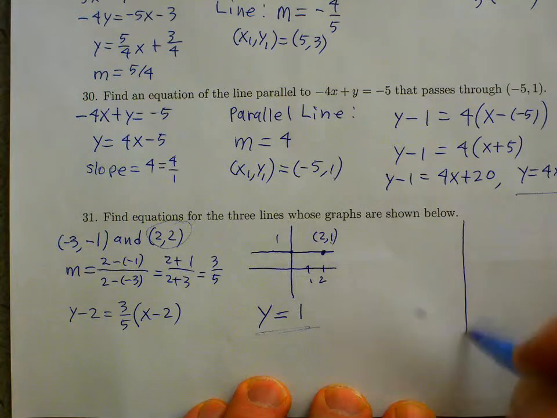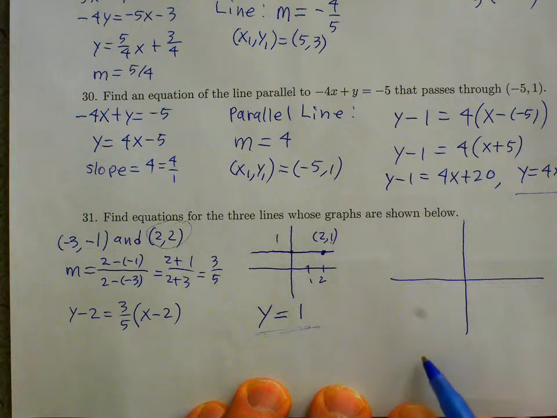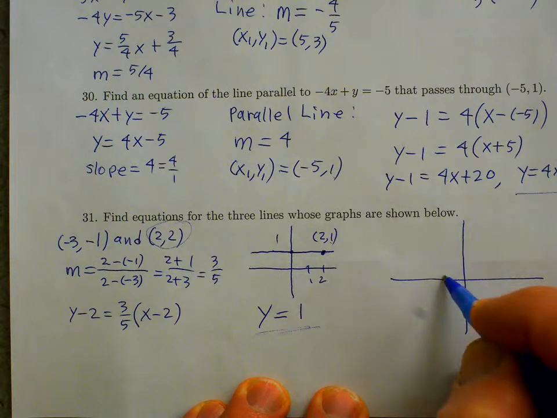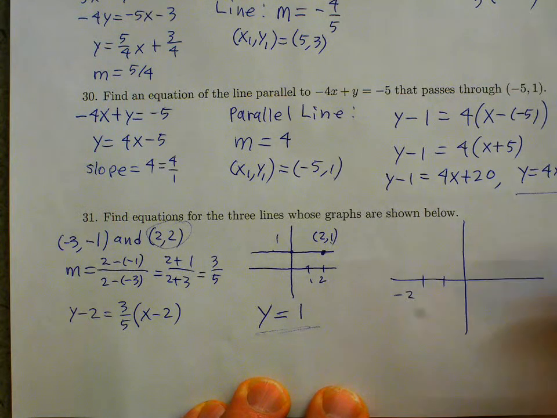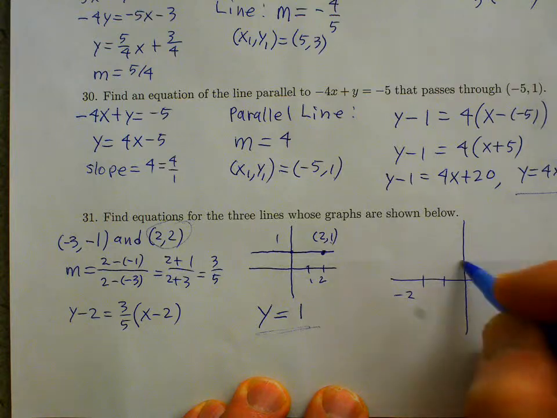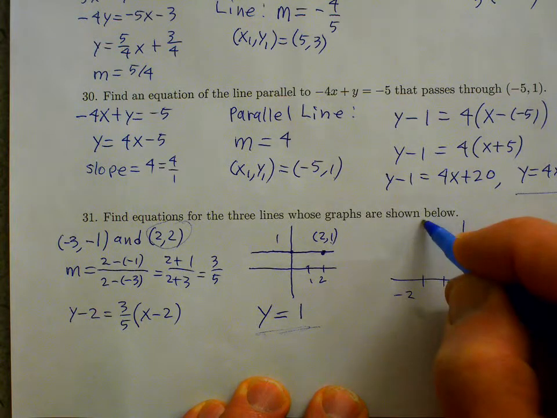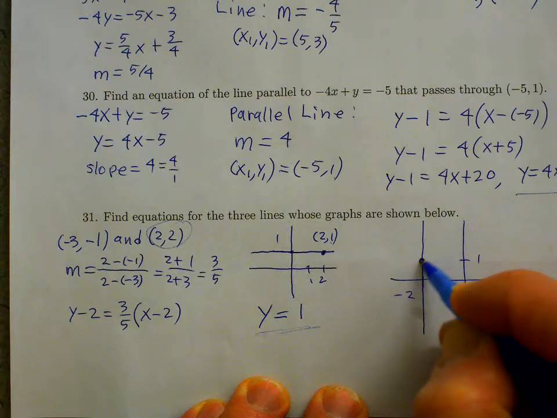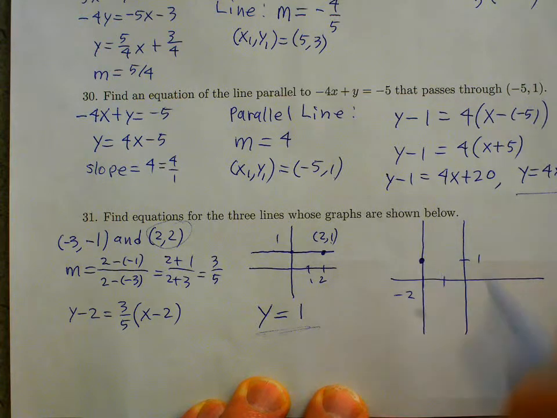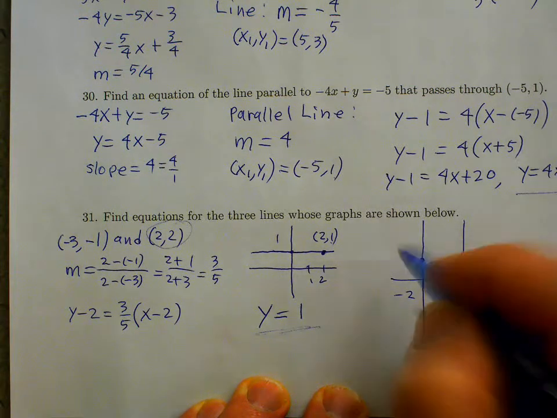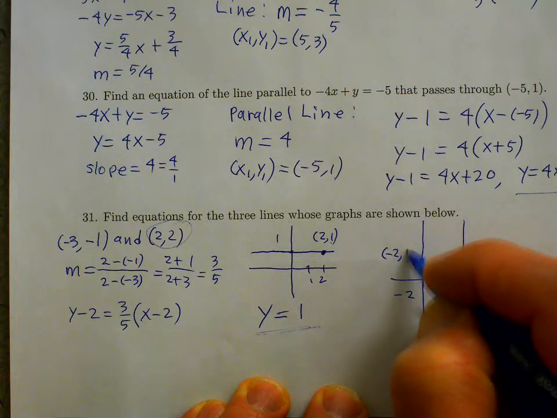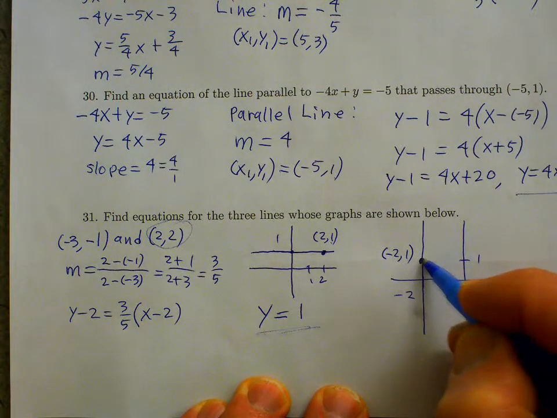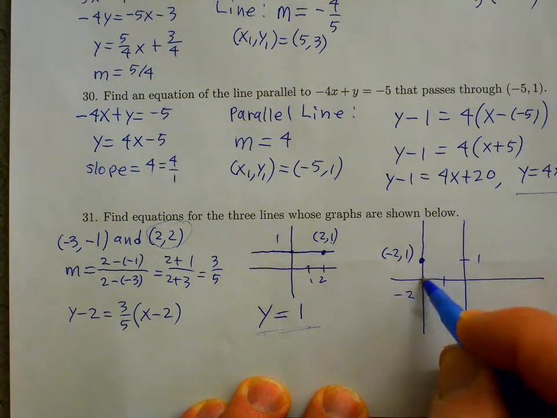Okay, the third line. So the third line is vertical, and it passes through -2, 1. It also passes through the point -2, 0.